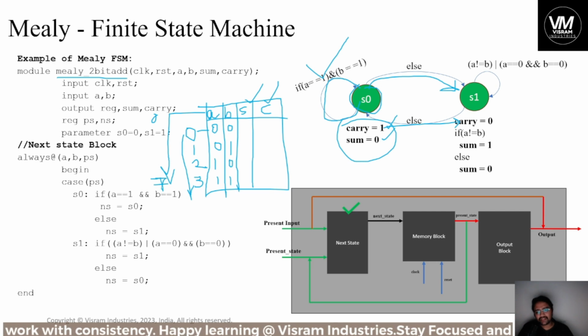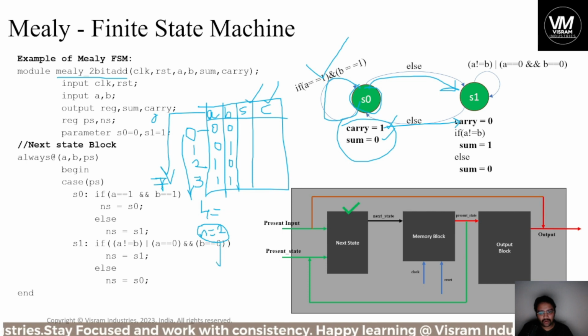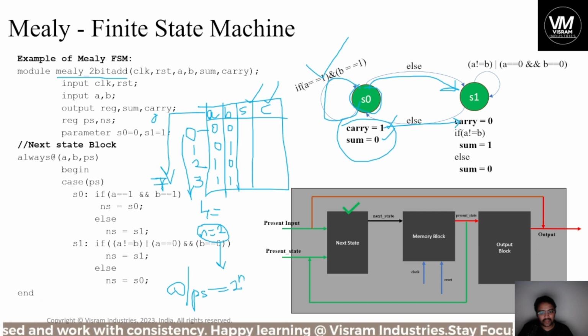Why do we end at 7? See how many values we have. 0 1 2 3. We have 4 values. And how many inputs do you have? 2 inputs. So n is equal to 2. How do we derive this based on the number of inputs? If the number of inputs is 2, how many outputs do you get? The count is 2 power n, starting from 0.